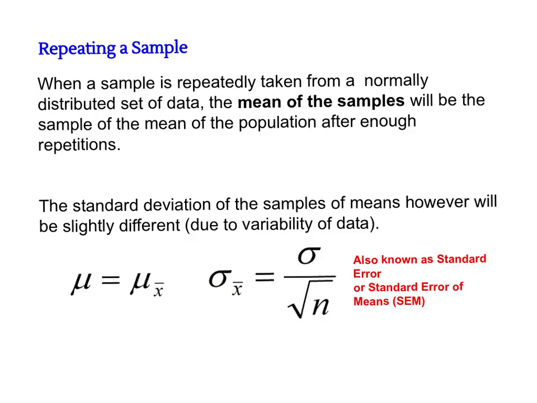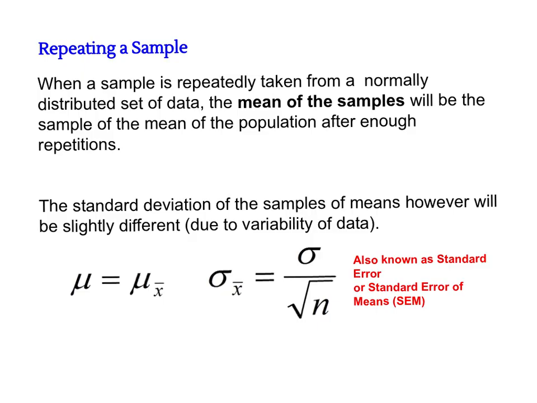When we take repeated samples, and this is done in factories all the time, and they use this kind of math all the time, and we take repeated samples from a normally distributed set of data, the mean of the samples will be the mean of the population after enough repetitions.